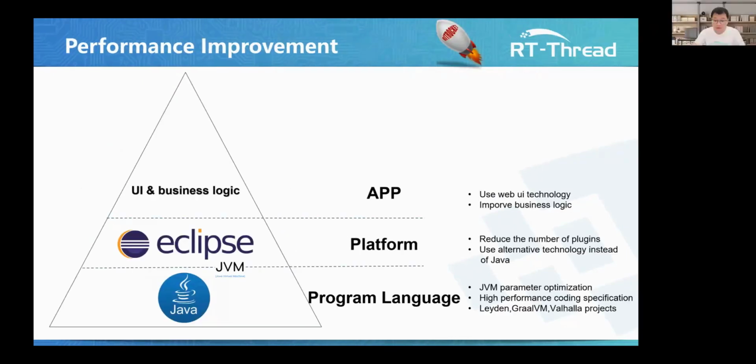The performance challenges are mainly reflected at three levels: the programming language level, the Eclipse platform level, and the application level. In terms of programming language, RT-Thread Studio is mainly implemented in Java.